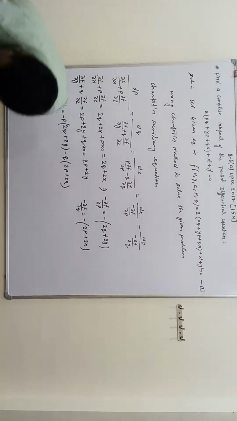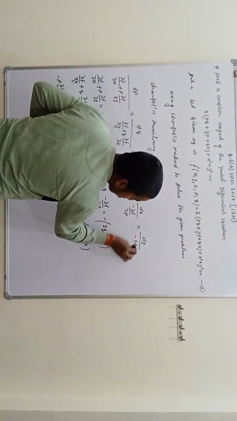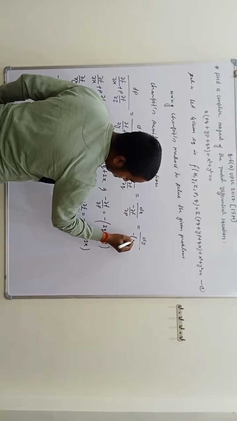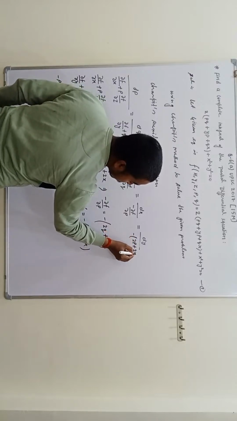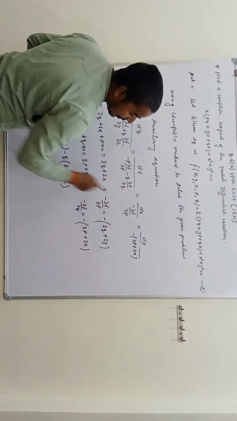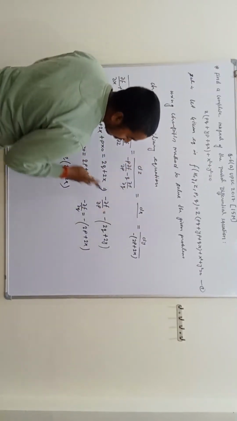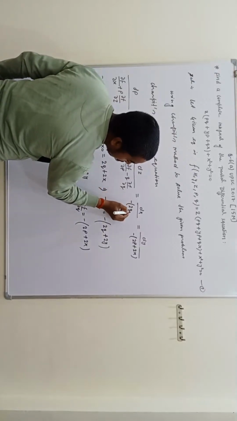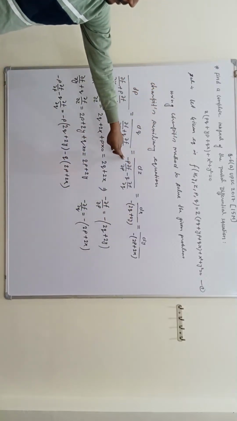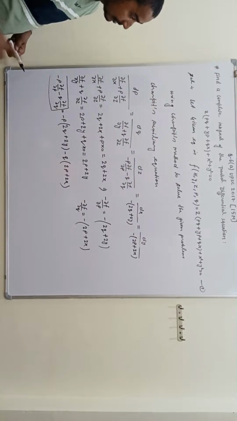First we put minus del f upon del q, which is minus of 2p plus 2x, and again the value of minus del f upon del p, that is minus of 2q plus 2y, and further the value of minus p del f upon del p minus q del f upon del q.